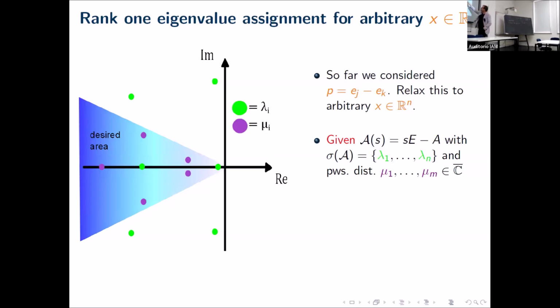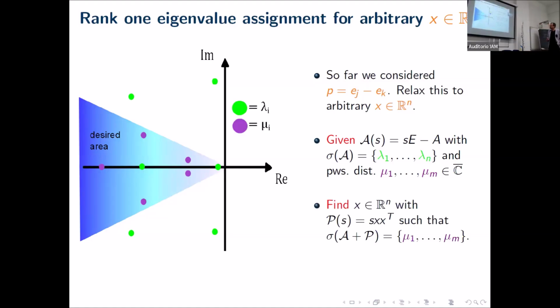So again, we start with a given matrix pencil with green eigenvalues, and we don't like them, right? They are too close to the imaginary axis. And we want to shift them into the violet ones, into the mu. And the mu's are in some area.